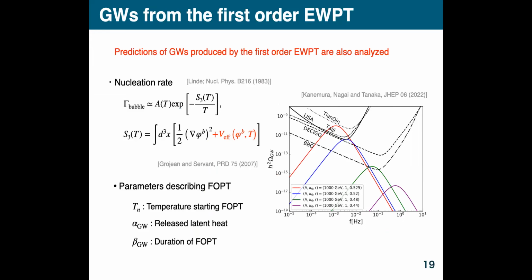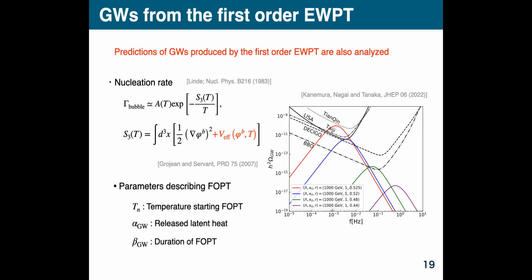And once we define the effective potential, we can discuss the prediction of the gravitational waves. We have analyzed the prediction of the gravitational waves in the nearly aligned EFT. These colored lines are the predictions with several parameter sets.